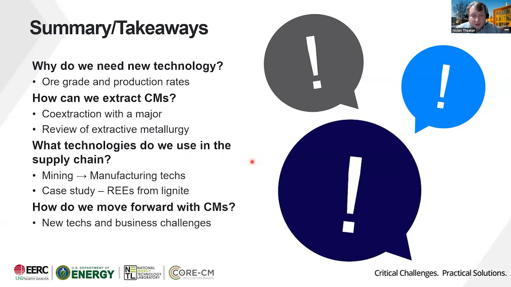What technologies do we use in this supply chain, from mining to manufacturing techs and all versions of those extractive metallurgy technologies, and then went through a case study of the rare earths with lignite. And then how do we move forward with critical minerals, and the questions for new technologies and what they have to answer based on ores and others, as well as the business challenges associated with them.